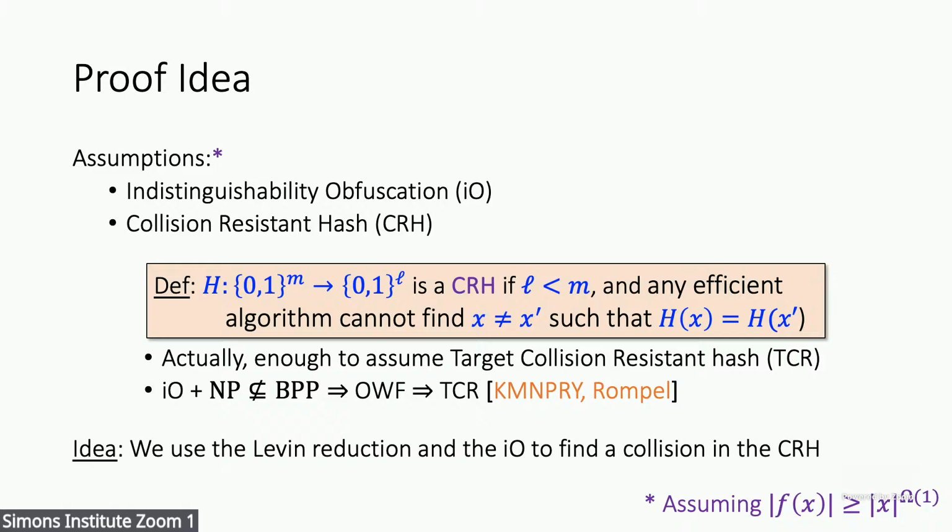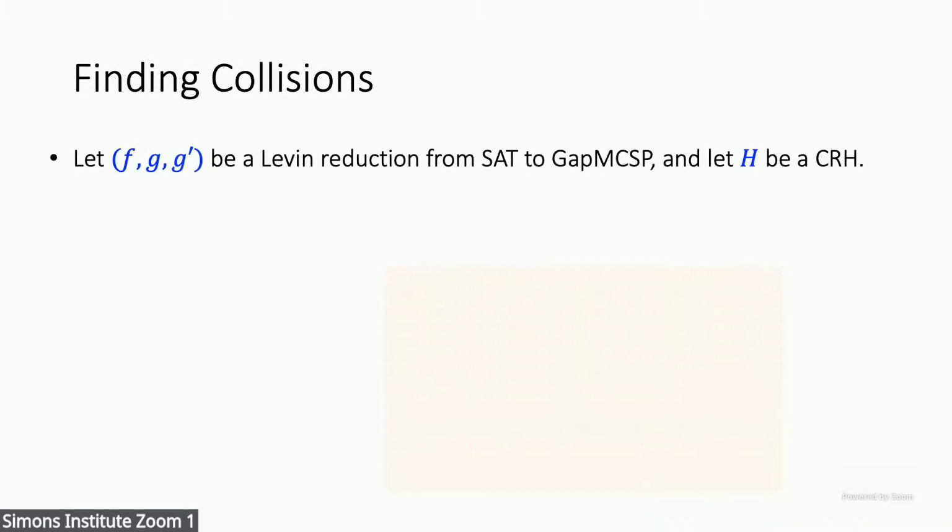And the idea is to use the Levin reduction together with the obfuscation in order to find a collision in the collision-resistant hash function. So I'm going to assume that I have a Levin reduction, an obfuscation, and a collision-resistant hash function, and I'm going to break the security of the collision-resistant hash function. The way I'm going to do it: first I define, for every image of the hash function, a SAT formula.